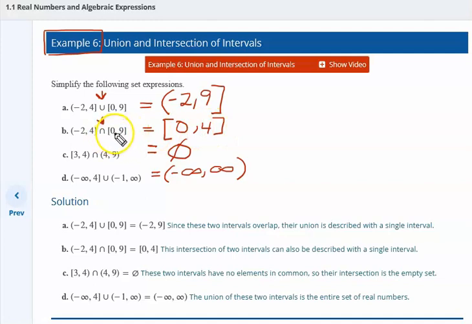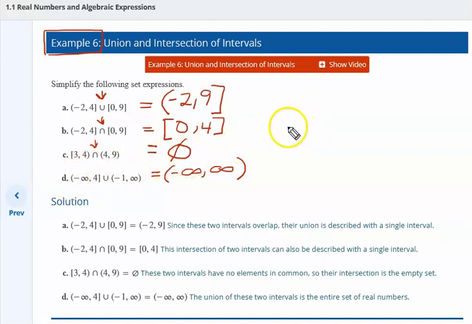And because 0 is included in the set, we would have a bracket there, and 4 is with a bracket also, so that would be the result. Now, as we look at C, we're looking for intersection. And as we look at the numbers, there are no values for that. So that is an empty set.